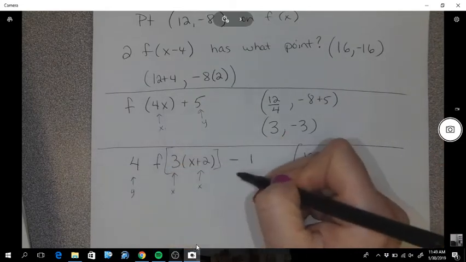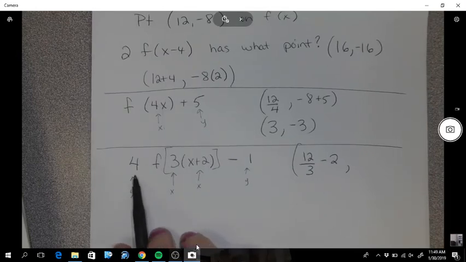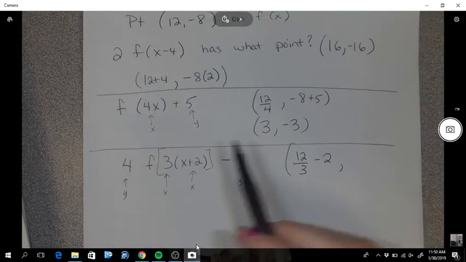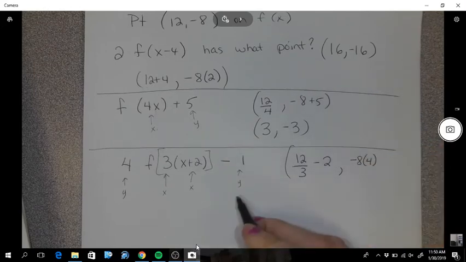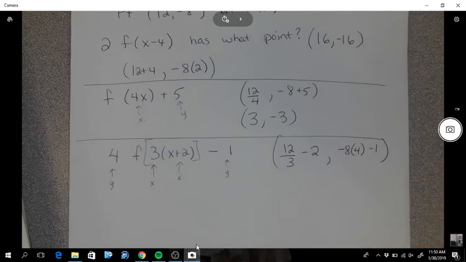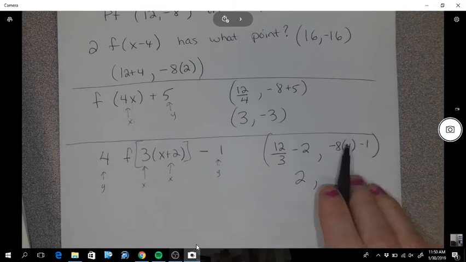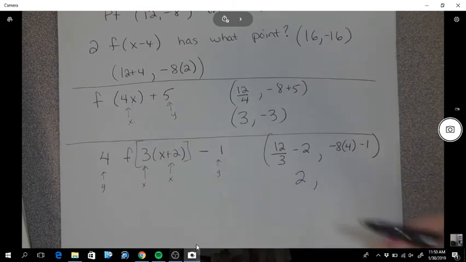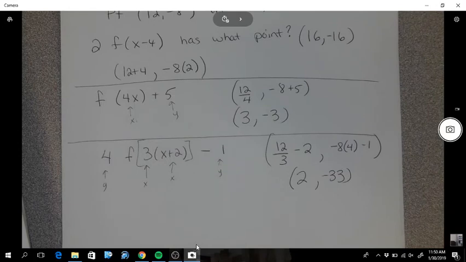The 4 will affect my y, and the 1 will affect my y. So the 4 makes it times by 4, and the 1 will move it down 1 after. Okay, so this is 4, subtract 2 is 2. Negative 32 subtract 1 is negative 33.